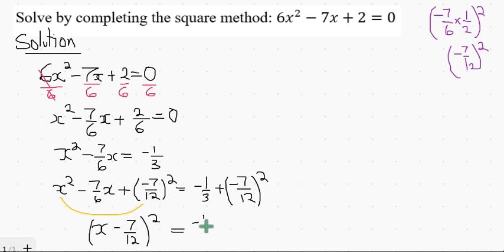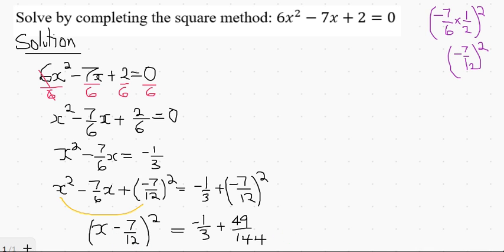At the right hand side we're going to simplify that fraction. Open up the bracket. So when you open the bracket up, this is going to be 49, because the square of negative 7 is 49, by 144. Alright, I hope I'm making sense and you are following along.